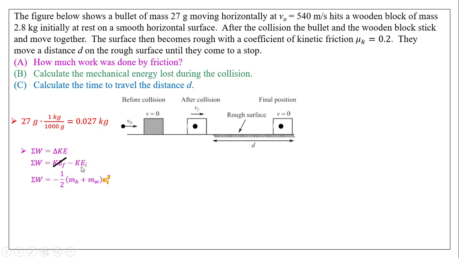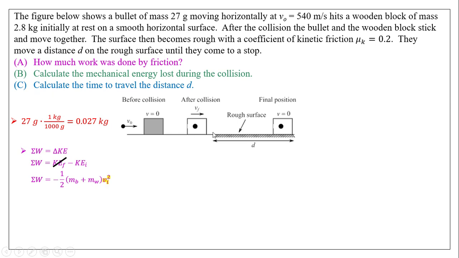And then KEI can be broken up into 1/2 mv squared. But you notice here in my work, this is m bullet plus m wooden block because the system is now moving as a whole. The bullet is inside the block. So make sure you plug in MB plus MW here, and then VI squared here.